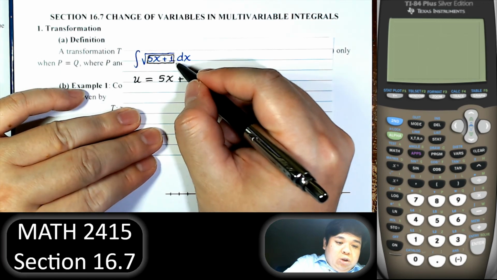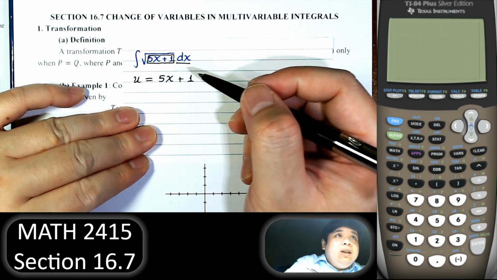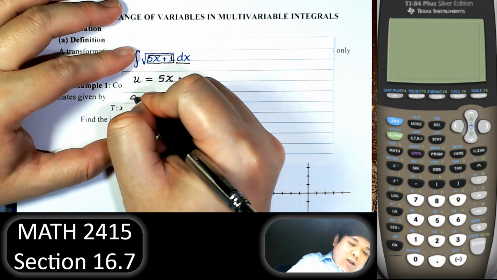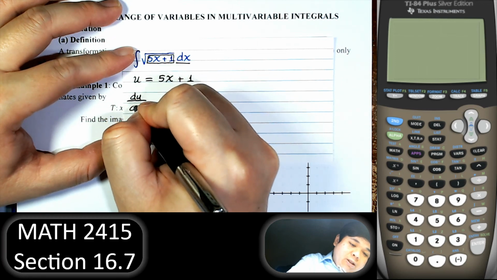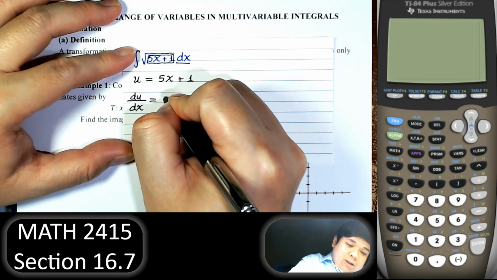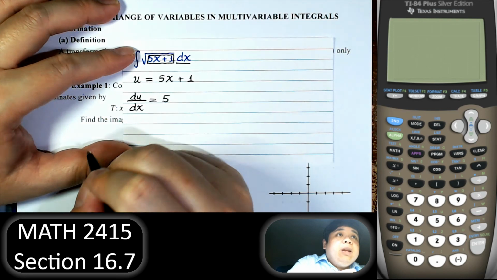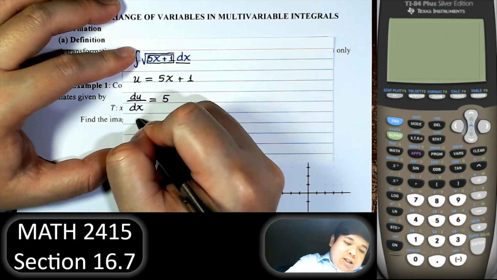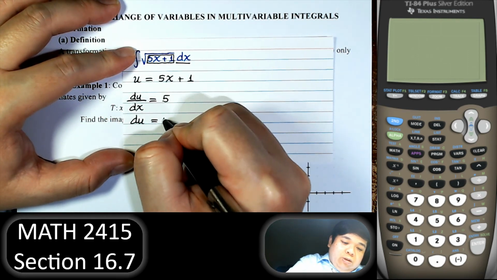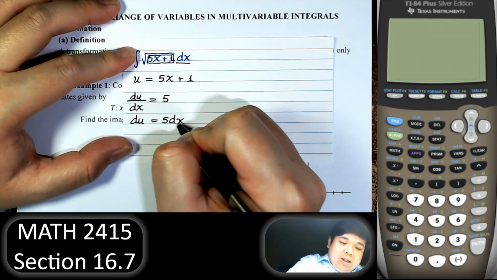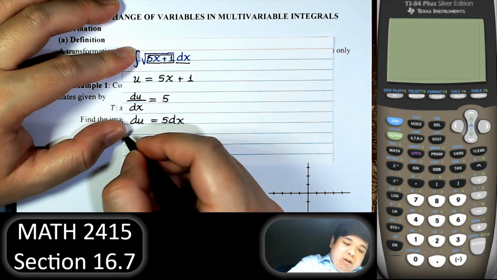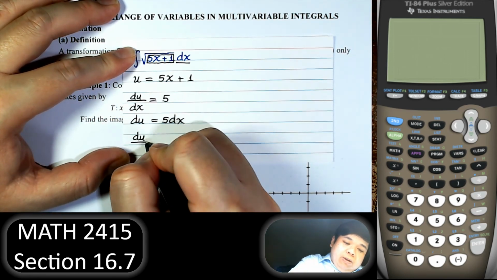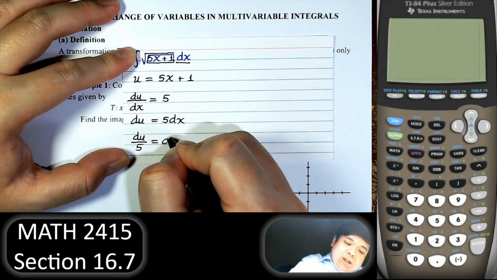Then we solve for x, so we take the derivative. So du is equal to 5 dx. And so for dx, we divide by 5, so du over 5 is dx.